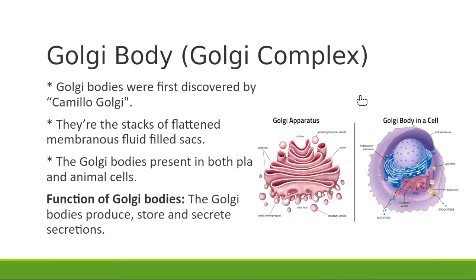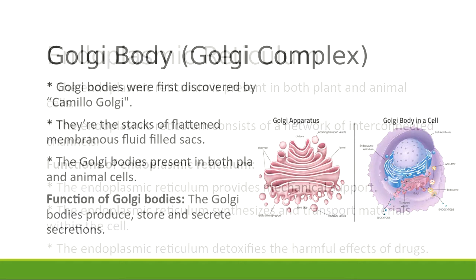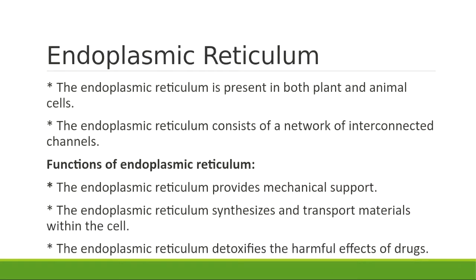Okay, so we studied the Golgi bodies, and now we are going to study the endoplasmic reticulum. The endoplasmic reticulum is present in both plant and animal cells. It consists of a network of interconnected channels, channel-like structures connected with each other.